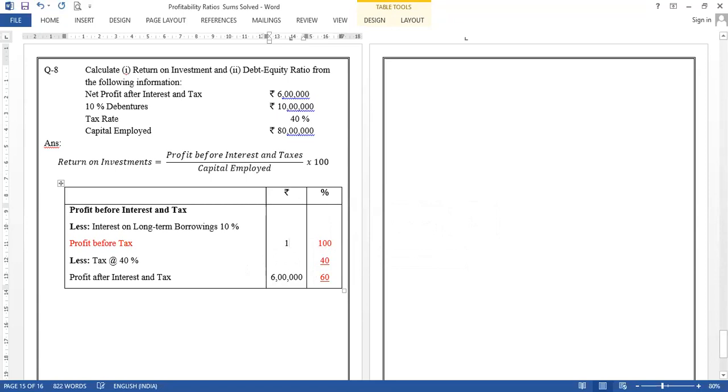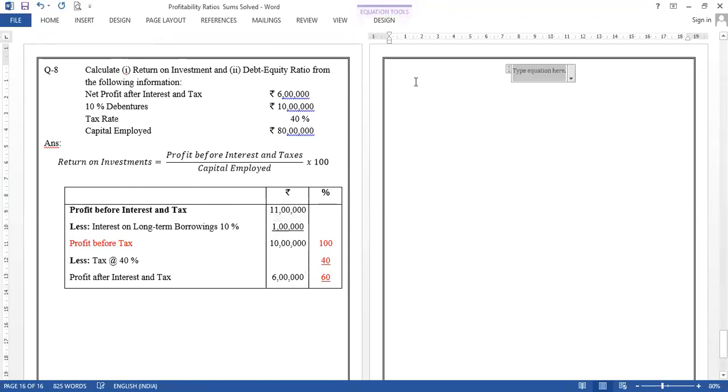So profit before tax will basically come to rupees 10 lakhs. What is interest on long-term borrowings? Long-term borrowings can be seen as 10 lakh debentures, given 10%. So 1 lakh will be my interest on long-term borrowings. So total amount before interest and tax is rupees 11 lakhs, right? So this is how I calculated the profit before interest and taxes.